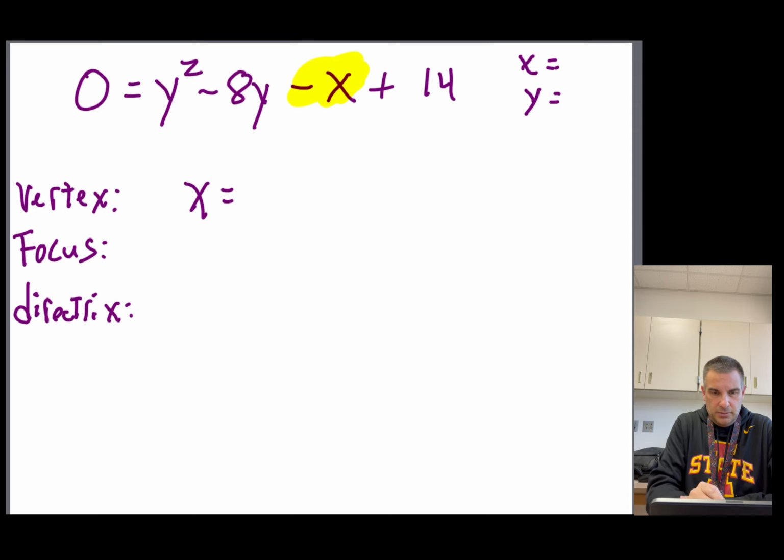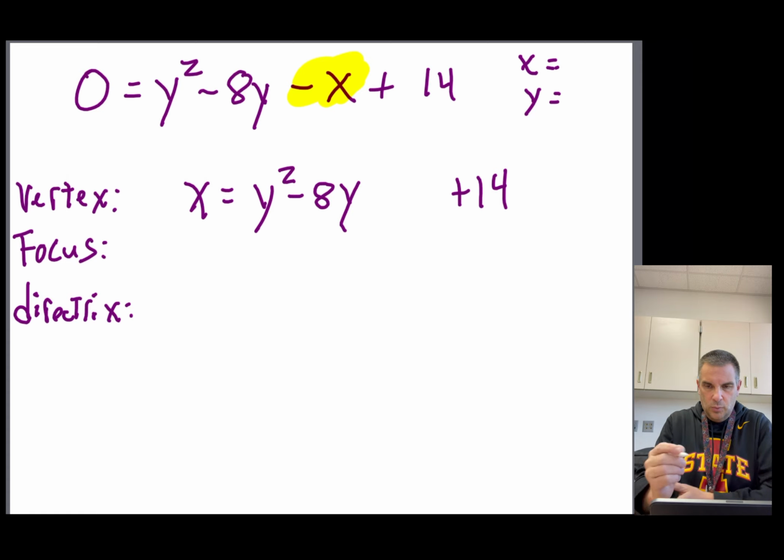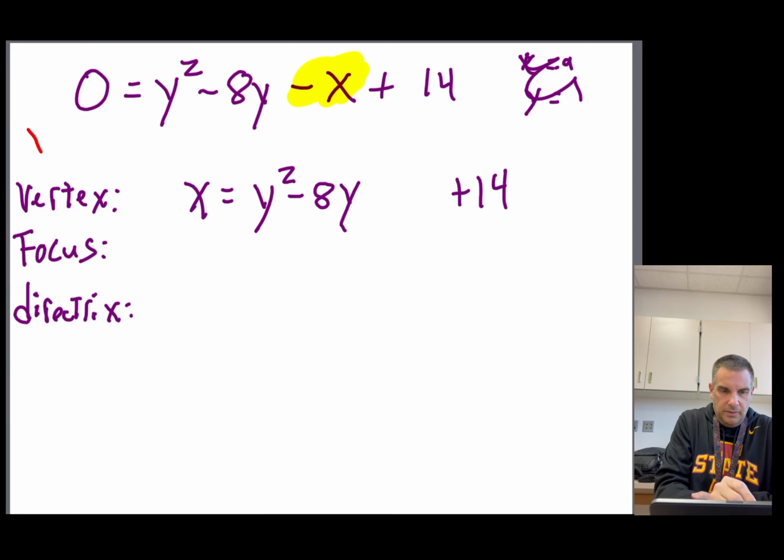So we've got x is equal to, by moving it to the other side, y squared minus 8y plus 14. And I'm going to give it some space, because ultimately we have to have x equals a times y minus k squared plus h.